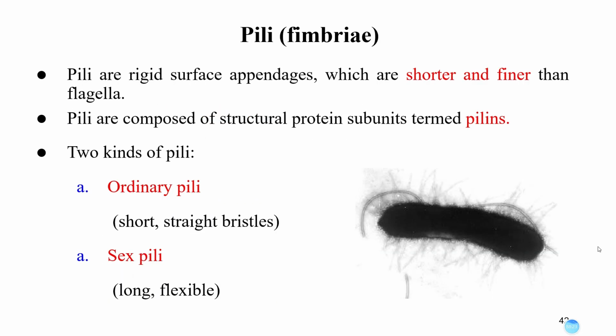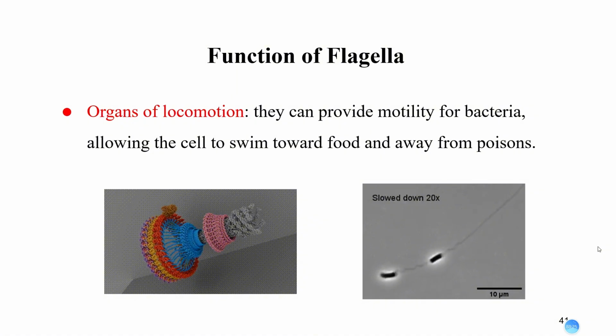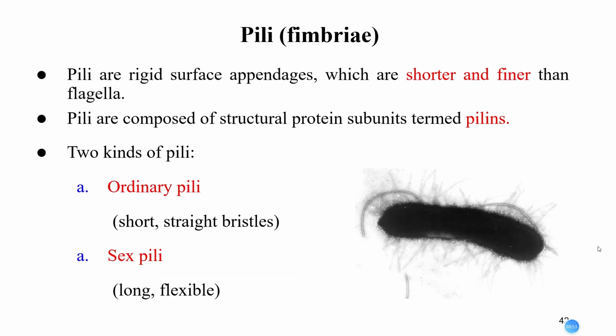This is the function of flagella. It's the organ of locomotion, so it provides motility for bacteria, allowing the cell to swim toward food and away from poisons. They can sense the presence of a gradient of nutrients, so they can swim to the nutrients. And if there is some poison or toxic molecule, they can swim away.